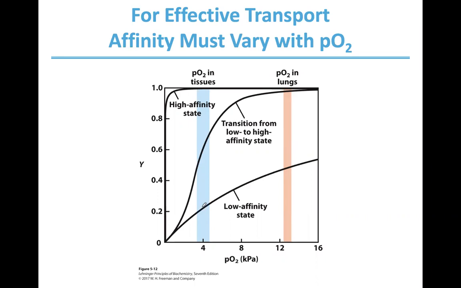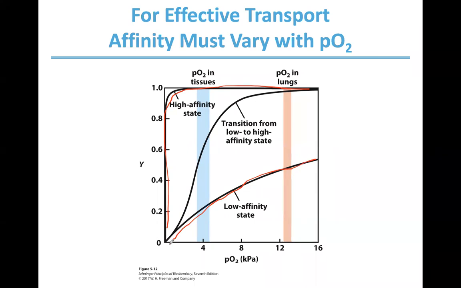Ideally, we want the curve to be like this in the lungs, and like this in the tissue. In other words, we want two different myoglobins. One has high affinity for oxygen, the other has low affinity for oxygen. Does it make sense?